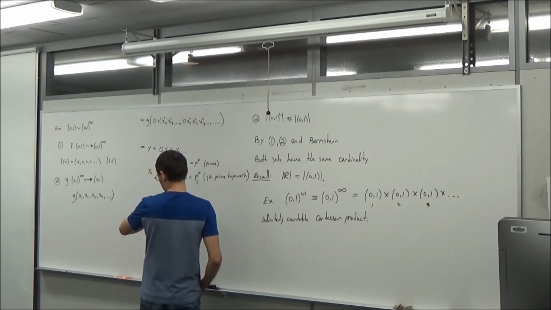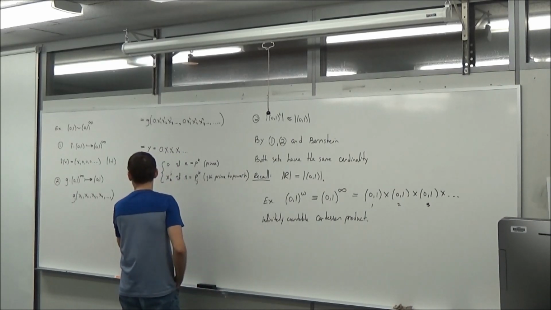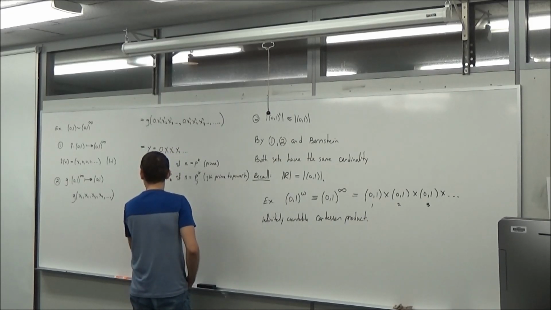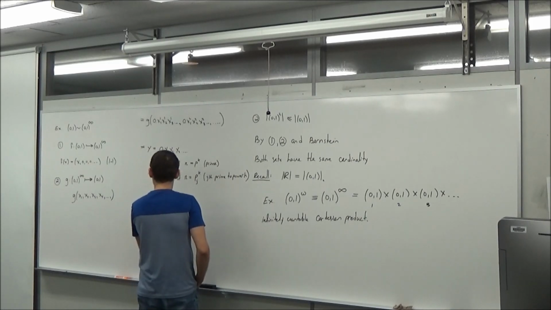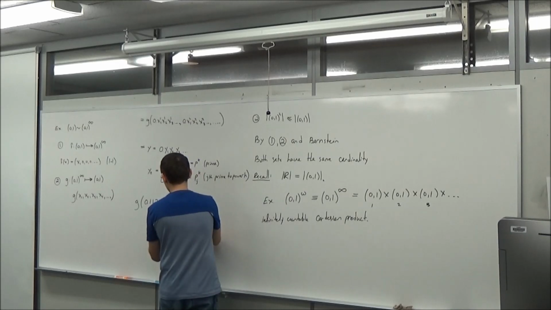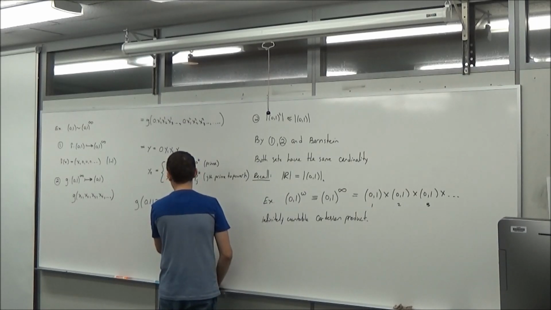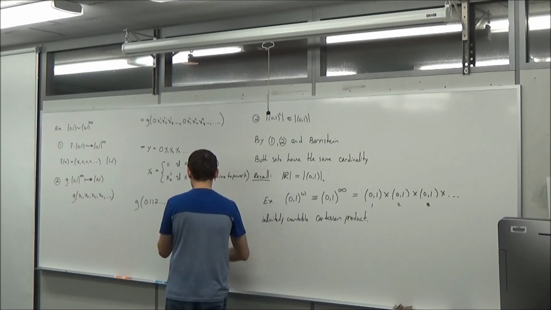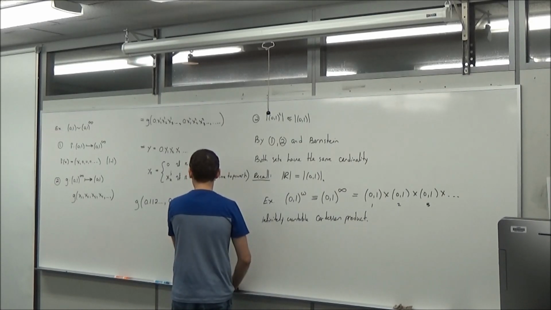So how does this function work? Well, let's give an example. Suppose we have g of 0.1, 1, blah blah blah, 0.3, 394, blah blah blah, maybe 0.5, 1, 3, blah blah blah.